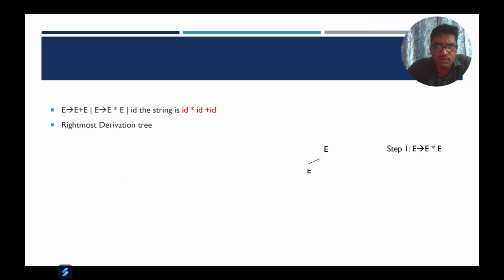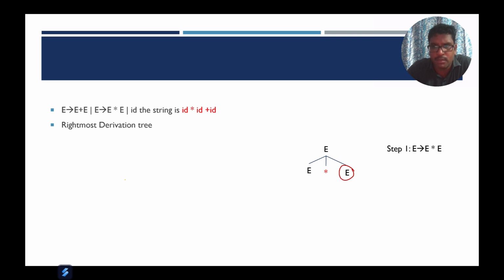The intermediate roots will be E star E. This is the rightmost non-terminal. In this part, we have to expand first, right? This is the rightmost. So we have to expand this E first.